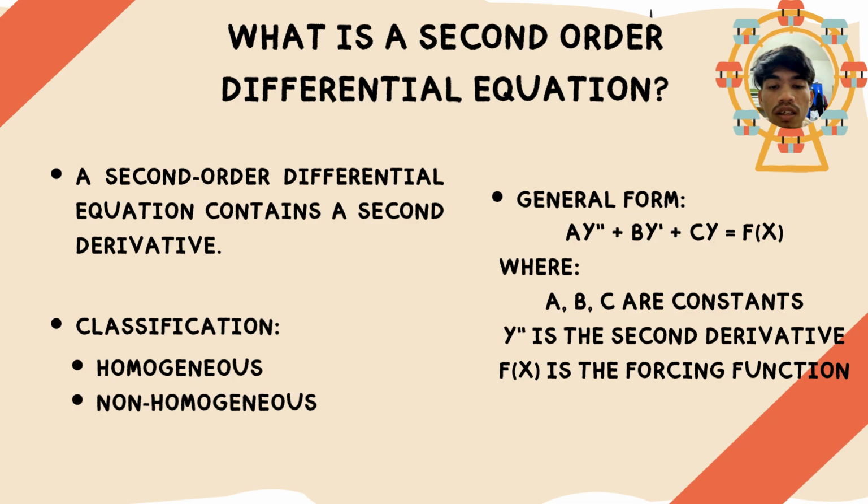Depending on the nature of this forcing function, we can classify this equation into two main categories: homogeneous when f of x equals 0, and non-homogeneous when f of x is not equal to 0.